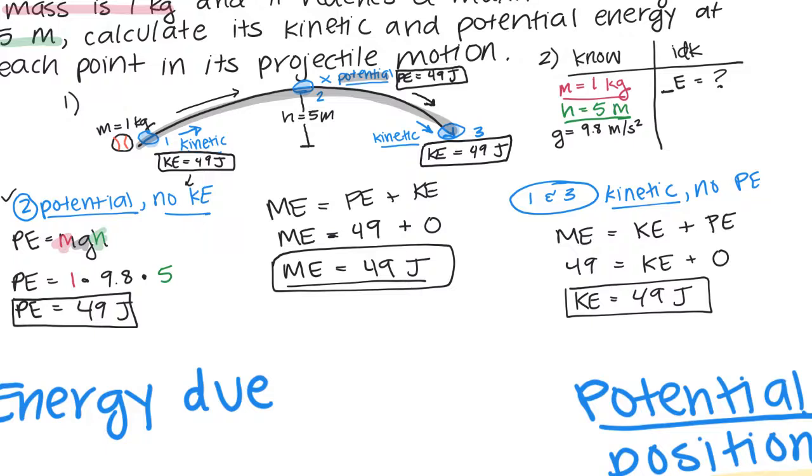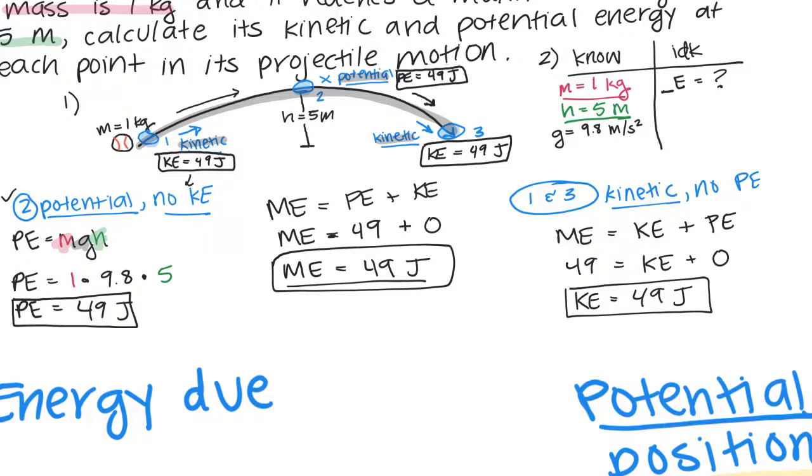It only has kinetic energy again. It does not have any more potential energy. So that potential energy at the top of its arc all of a sudden became kinetic energy again. It switched from kinetic energy to potential energy back to kinetic energy.